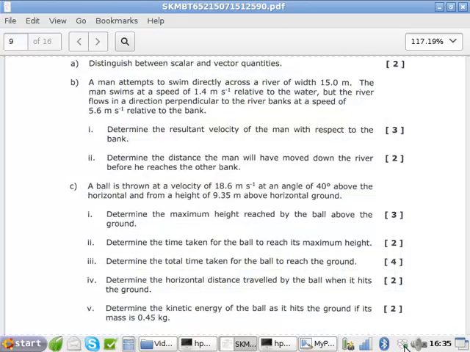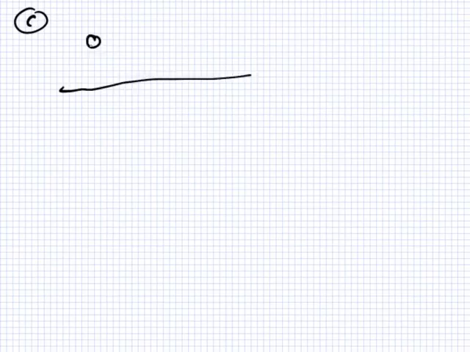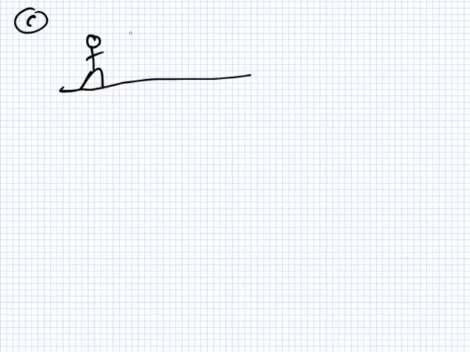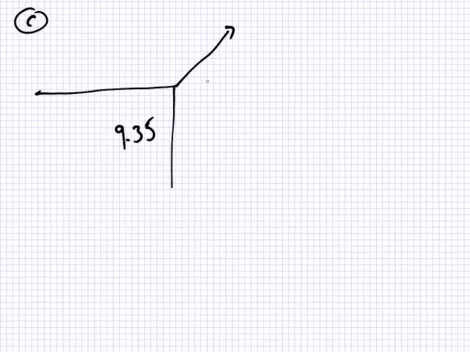Right, so a ball is thrown, angle 40, height, okay. So C. What height is the ball thrown at? Height 9.35. Okay, so it's not really a person holding it then, it's a building, I think. So this here is 9.35. And what's the angle? 40.